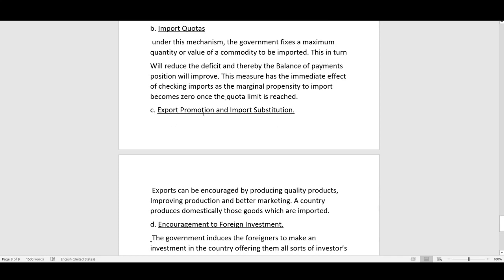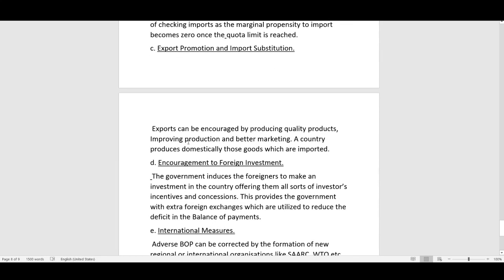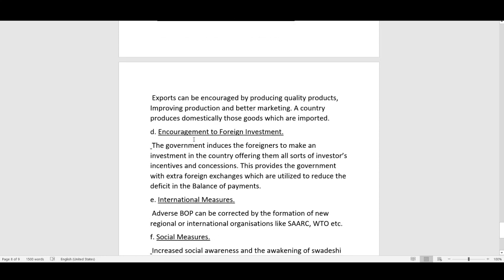Next, export promotion and import substitution. Exports can be encouraged by producing quality products, improving production, and better marketing. A country produces domestically those goods which are imported. Next, encouragement to foreign investment.